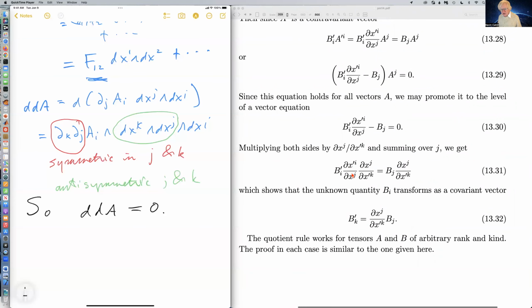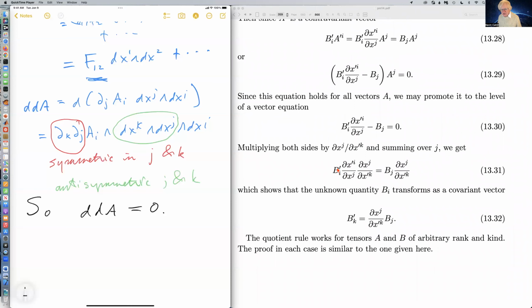This here, of course, is a Kronecker delta, so this gives us B prime k. And so this equation tells us that B prime k is partial x^j, partial x prime k, B_j. But that tells us that B is a covariant vector.